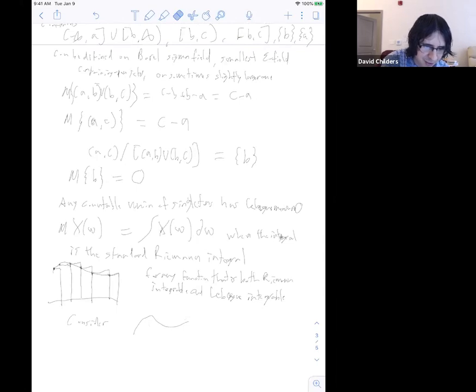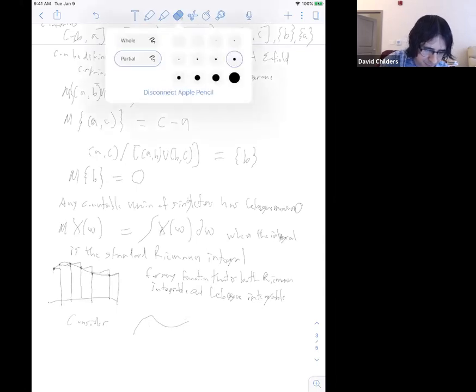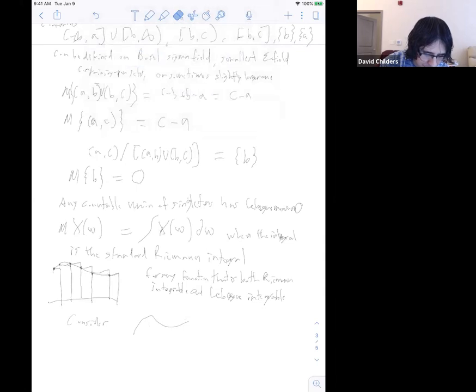Let's erase just a single point there, and then say it's differing at this point. And so here's your function. This is your X of omega, and this is, say, omega 0, something like that.